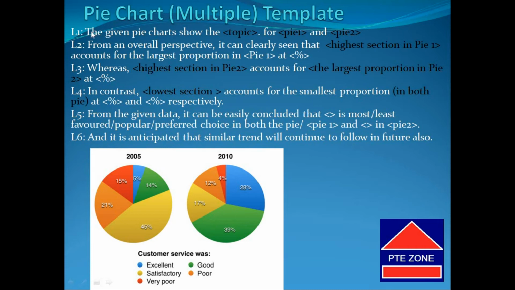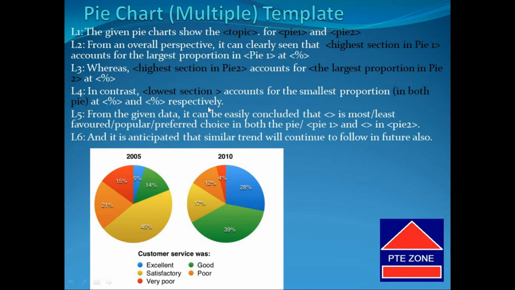So we would do it in such a way: the given pie chart shows the customer service for the years 2005 and 2010. From an overall perspective, it can be clearly seen that customer service satisfactory accounts for the largest proportion in 2005 at 45%, whereas customer service good accounts for the largest proportion in 2010 at 39%.